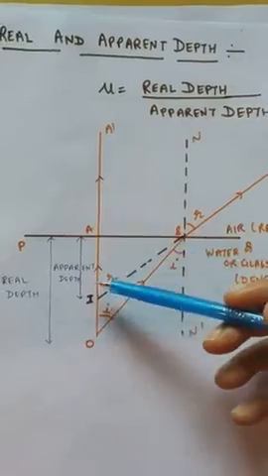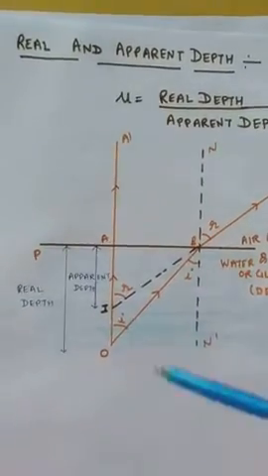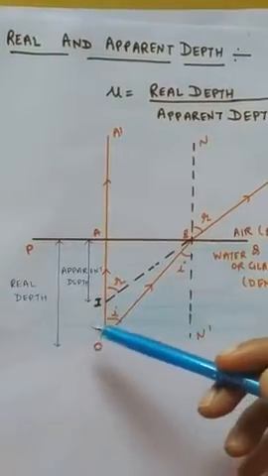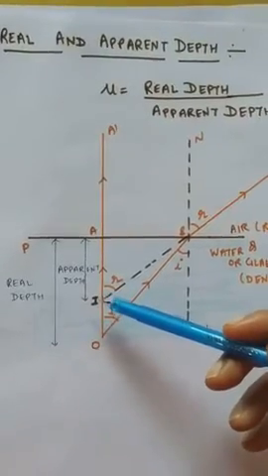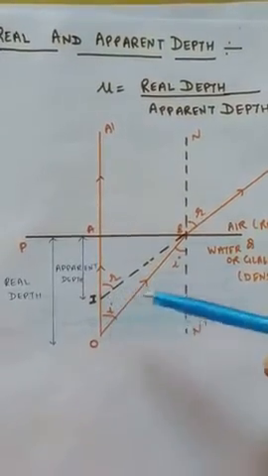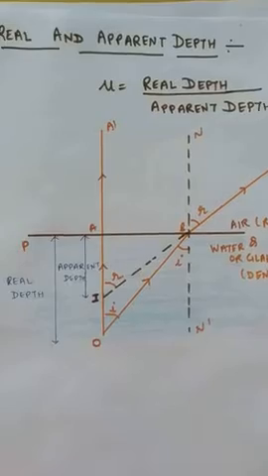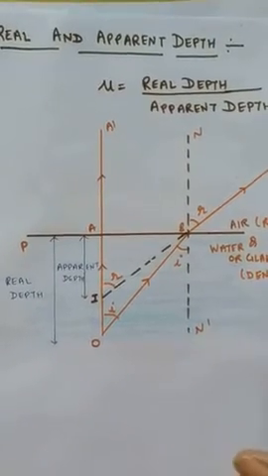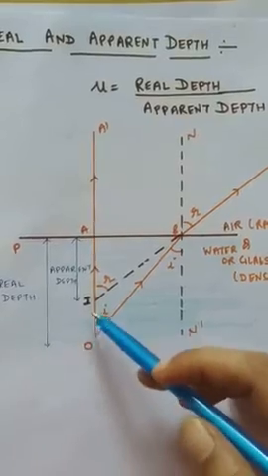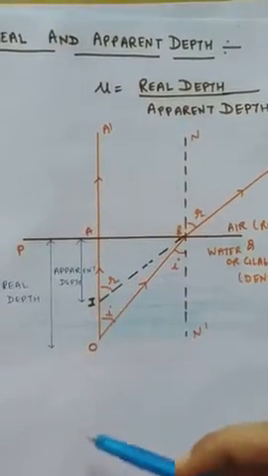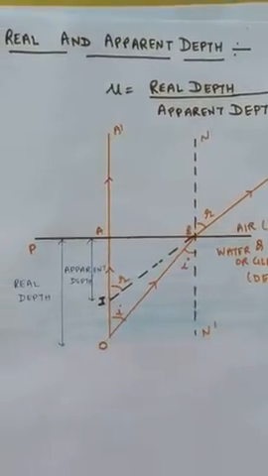OA is the real depth, IA is your apparent depth, and we will see the image of this object, which is virtual, here. This happens because of the refraction of light. Due to the refraction, the object's image appears to be at less depth than its real depth.